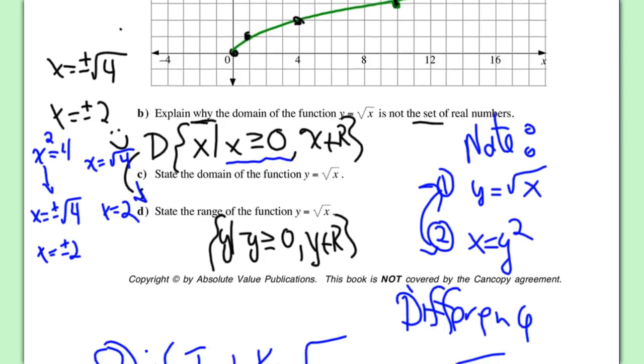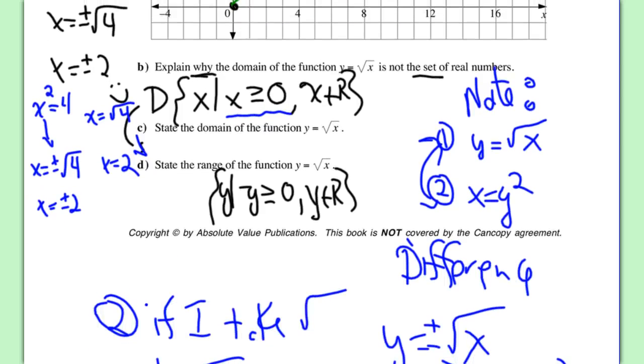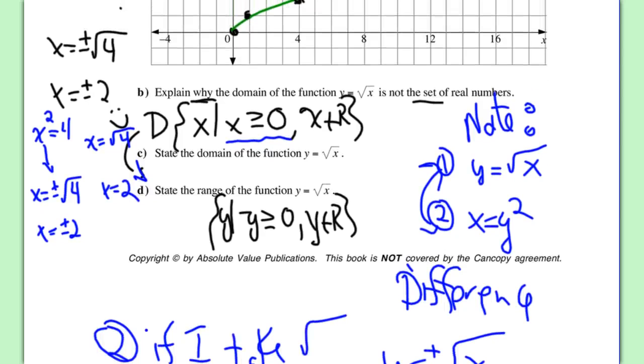And a little note on the side, I was just discussing the difference between y equals square root x and x equals y squared. And again, it goes back to that concept we talked about before about who takes the square root. This function here, although it does turn out to be the same, if you solve this for y, you end up with y equals plus or minus the square root of x.